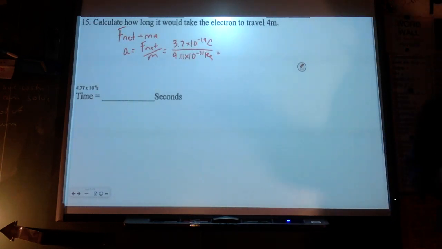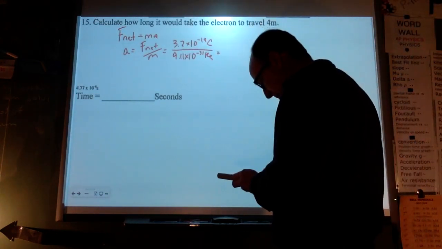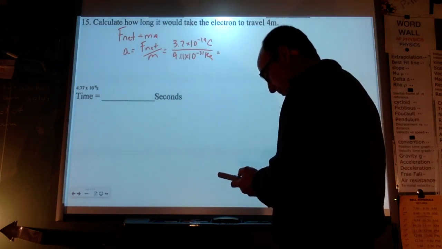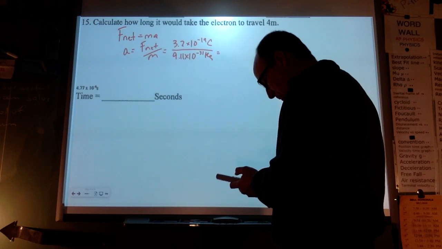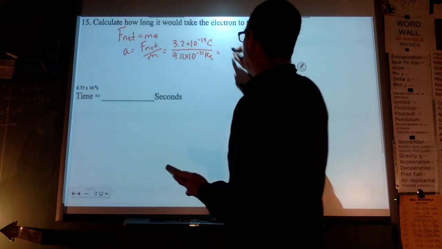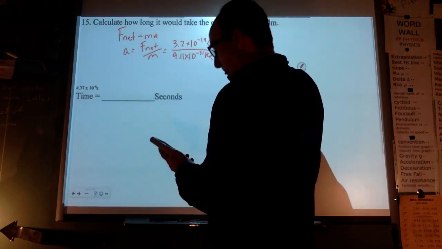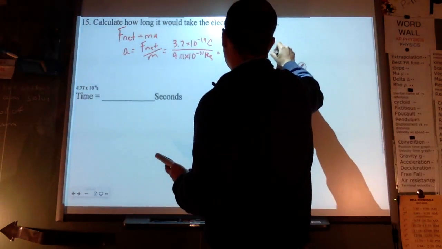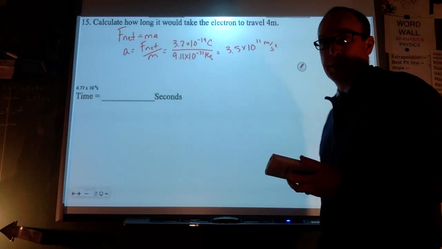All right, so once I solve for my acceleration, I have 3.5 times 10 to the 11th meters per second squared.